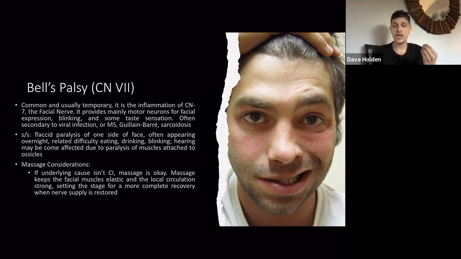This is due to the paralysis of the muscles attached to your ossicles, those tiny ear bones. You may remember from muscles and kinesiology that the longest muscle of the body is the sartorius, the widest is the latissimus dorsi, and the most massive is the gluteus maximus. The smallest muscle of the body, do we know?